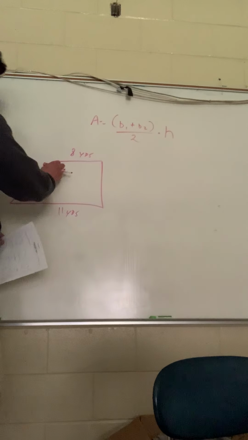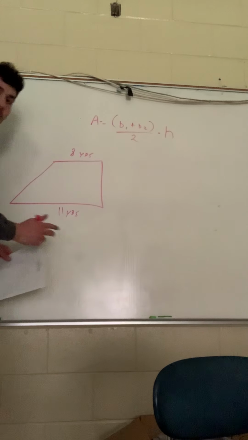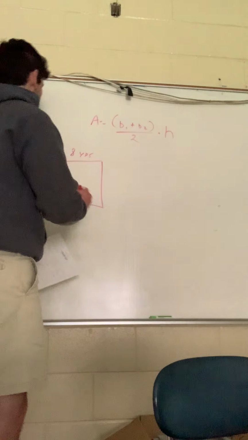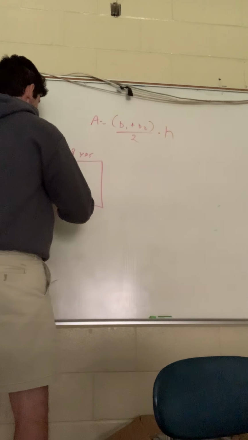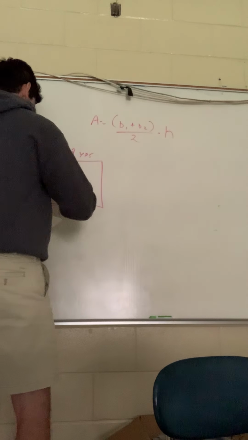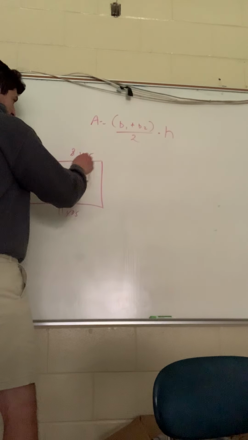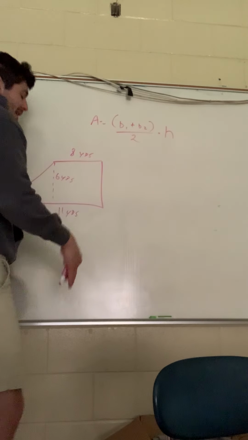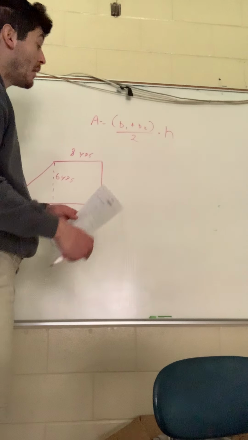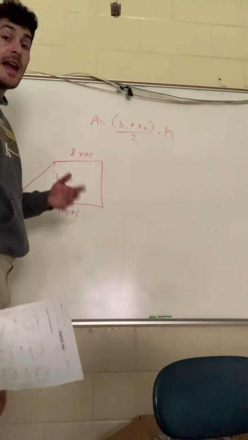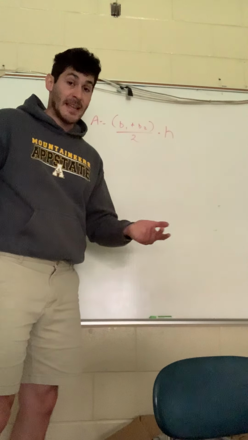Again, I cannot use this as my height. Why not? Because it is slanted. I want it to be straight. So my height in this problem is 6 yards. Now, I like the fact that all my units are the same: yards, yards, and yards. There's no conversion that I have to do, but always double check that, because sometimes it'll give you yards and feet, and you have to do a conversion before you do anything else.